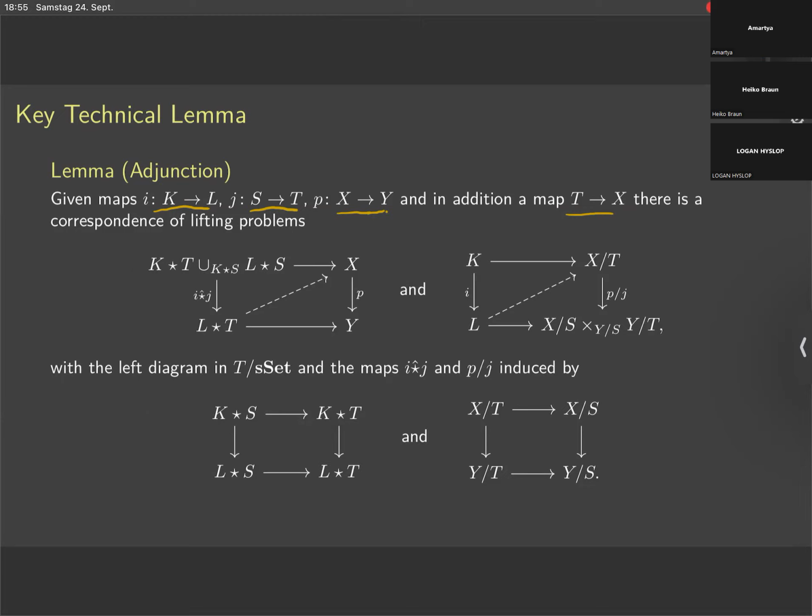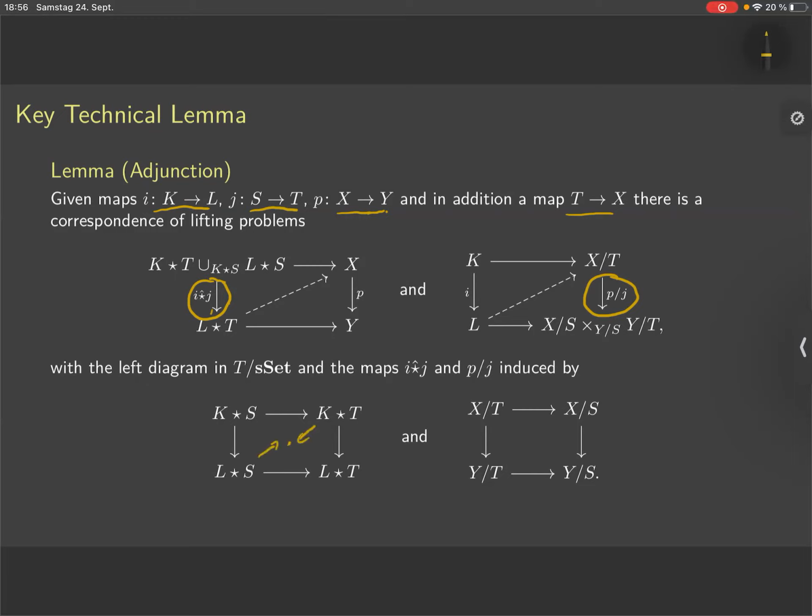We have a correspondence of lifting diagrams, of lifting problems of this form. So let's first understand what are the most difficult maps. This looks difficult, and this one. And both of these are induced by these two diagrams down below. How does it work? On top, we have here the pushout of these things.